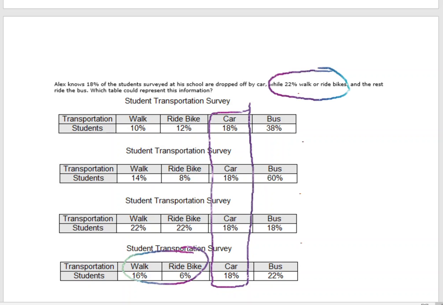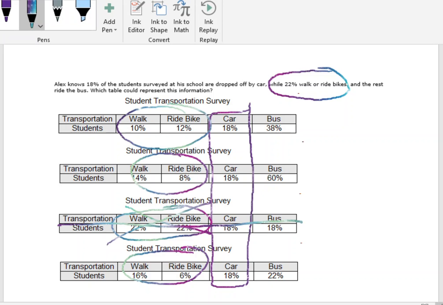That's a total for walk or ride. 16 plus 6 for this last option is 22%. 22 plus 22, and that option is not 22%, so we know that one is not correct. 14 plus 8 is 22%, and 10 plus 12 is 22%.